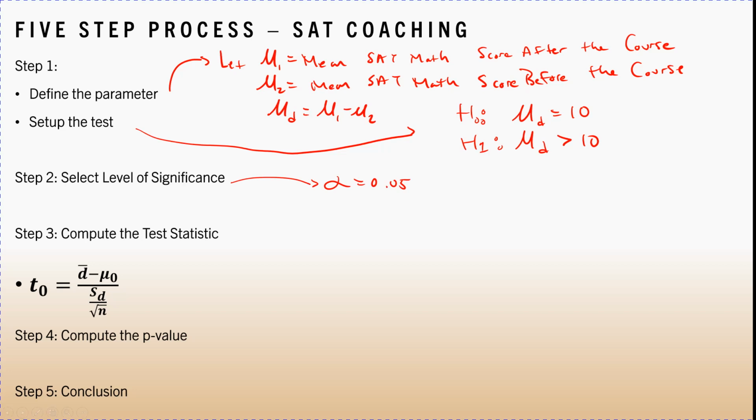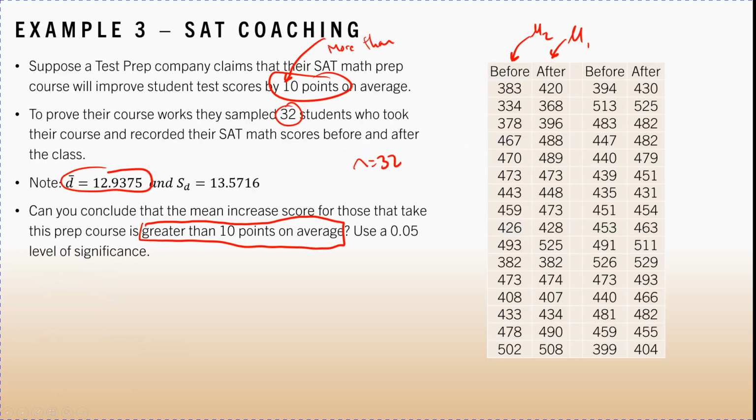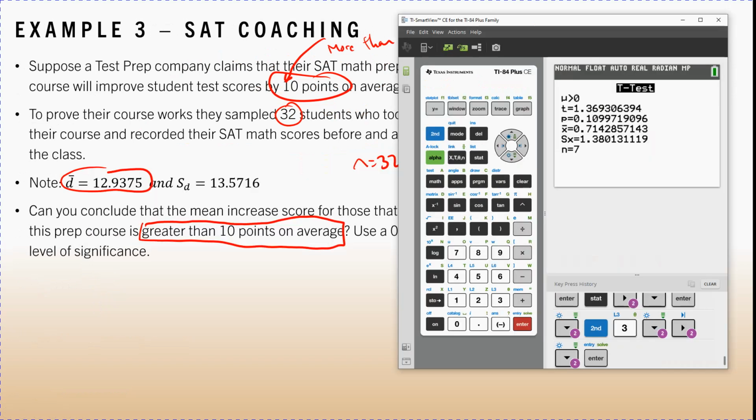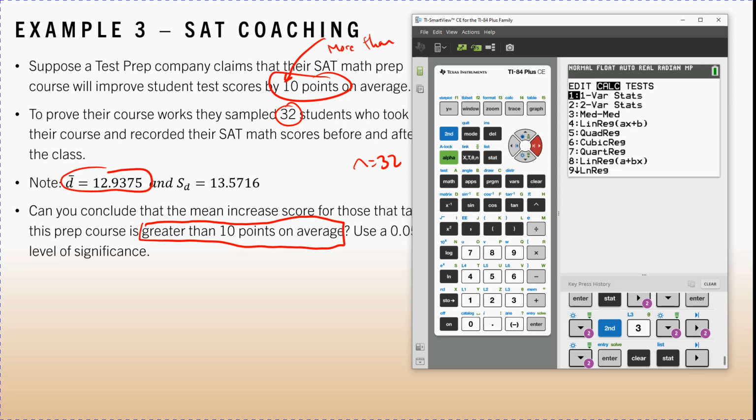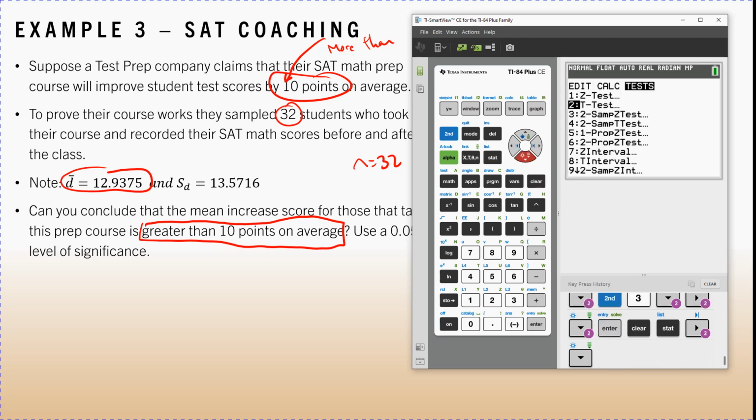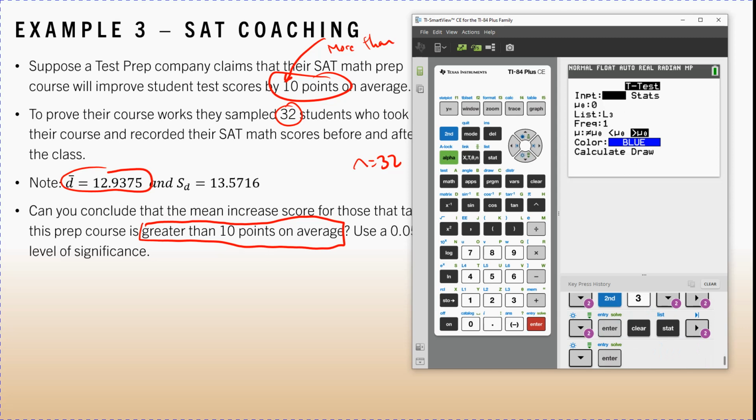Now let me go back here. What's really great, and this is how quickly you can do this test, is that I have the summary statistics for the difference already. So when I go over to tests, I know I'm going to do a t-test here, and I'm just going to click on stats.